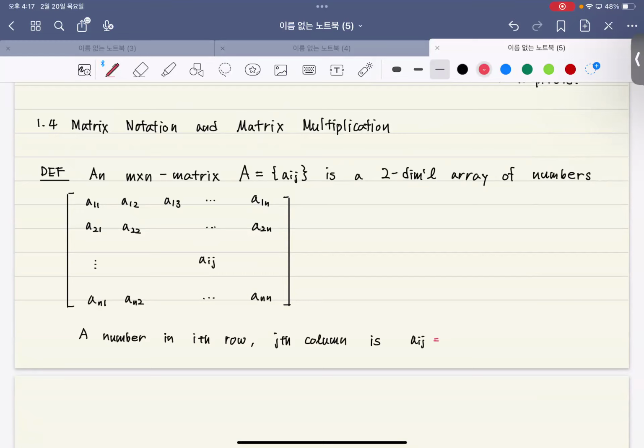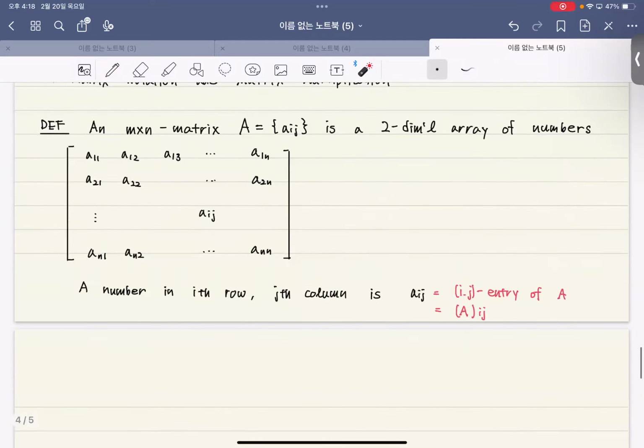Sometimes this is called the ij entry of A. Or sometimes I say the i's row j's column entry of matrix A. This is another notation. So I will interchangeably use all these notations. Okay, all right. So this is a matrix.